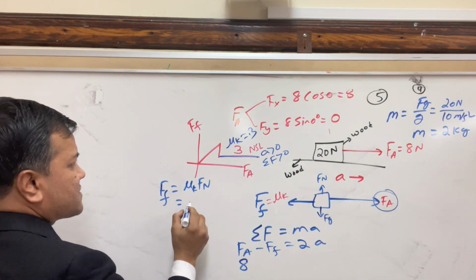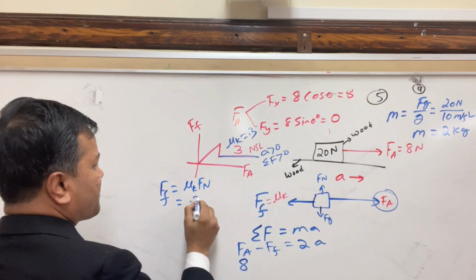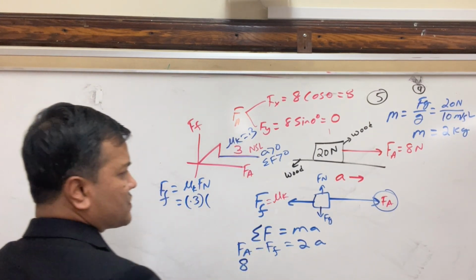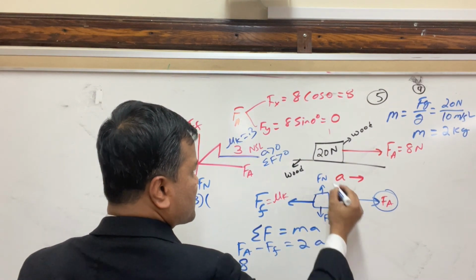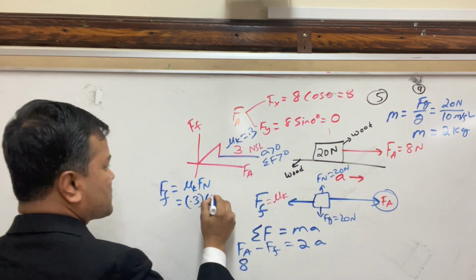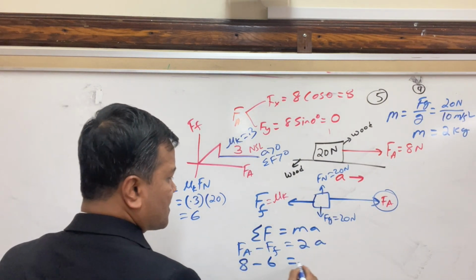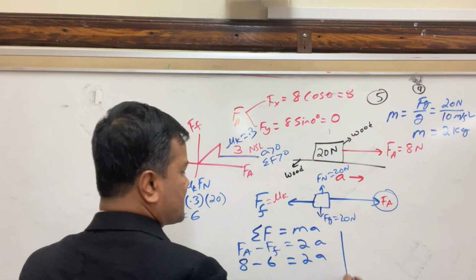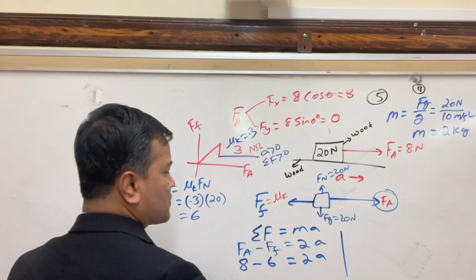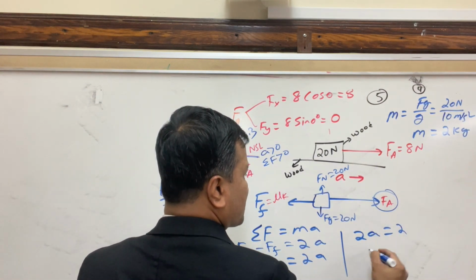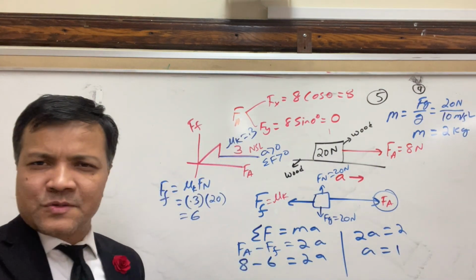So mu k is 0.3, and Fn is 20 Newton. So this must be 6. So 8 minus 6 is 2a. So 2a is equal to 2. So acceleration is 1 meter per second squared.